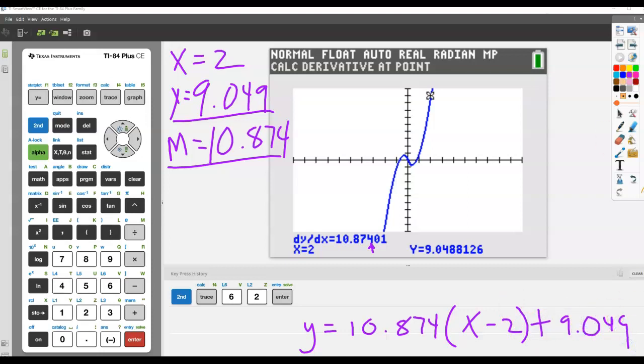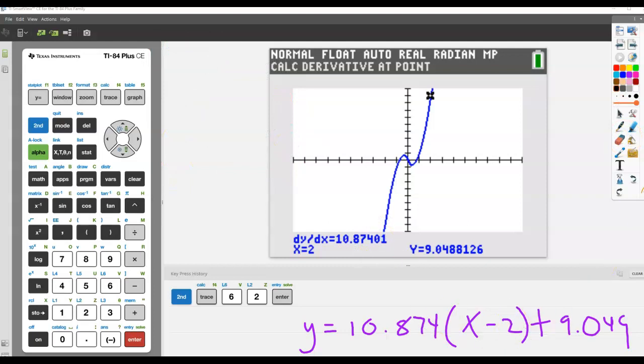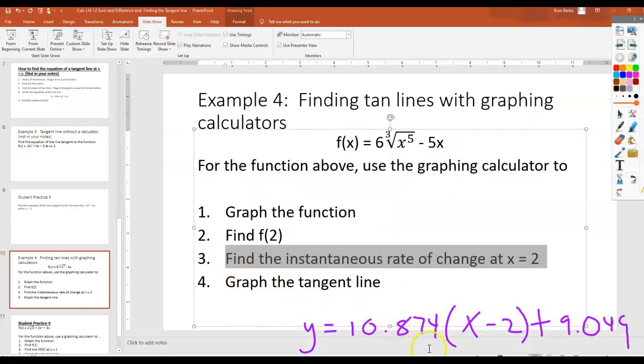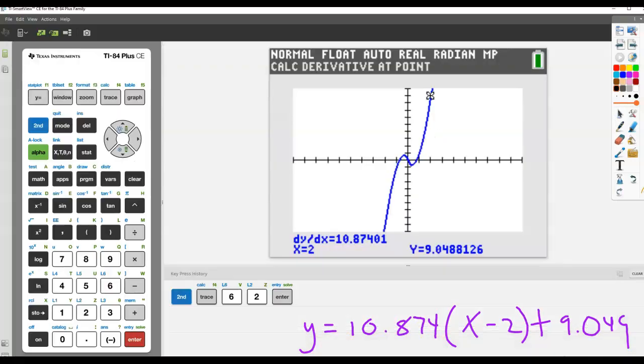And that would be the equation of my tangent line. And so I'm going to go ahead now and do the last thing that the instructions asked me to do, which is to graph the tangent line. So let's do that as well. So we're going to go ahead and go back to this y equals button now. So go ahead and push y equals.